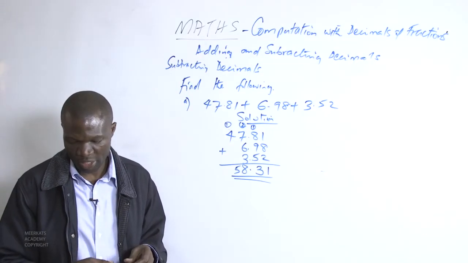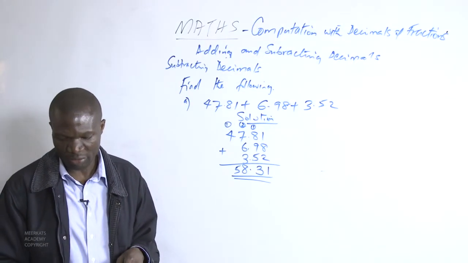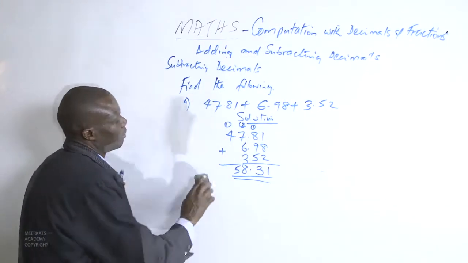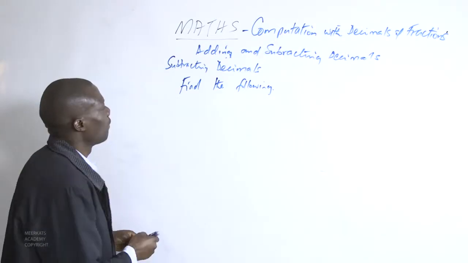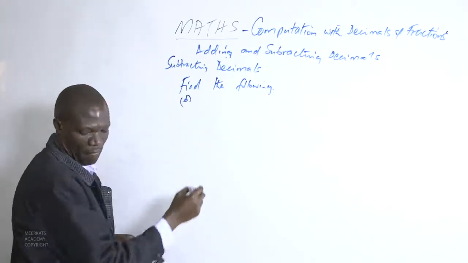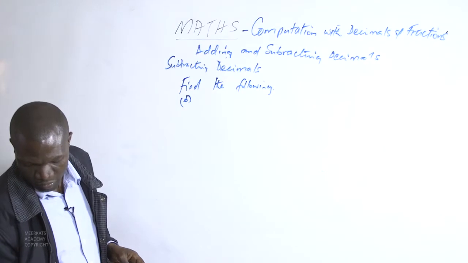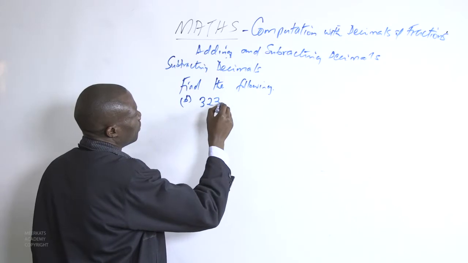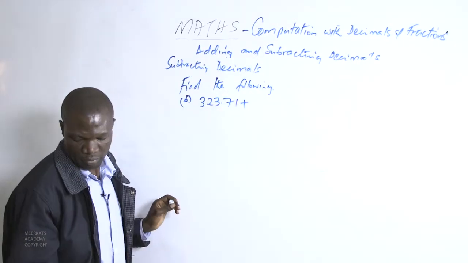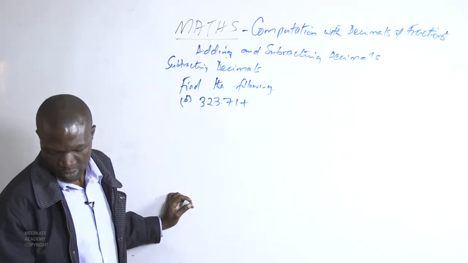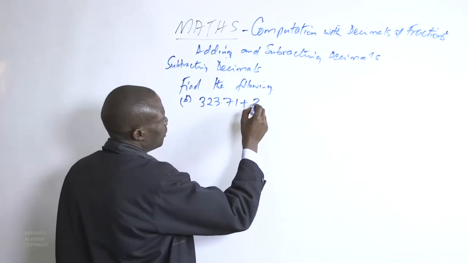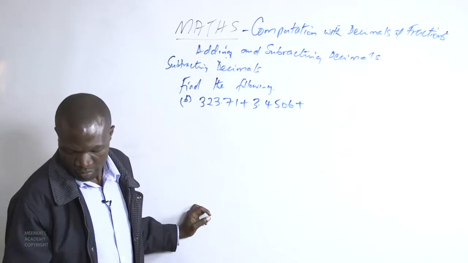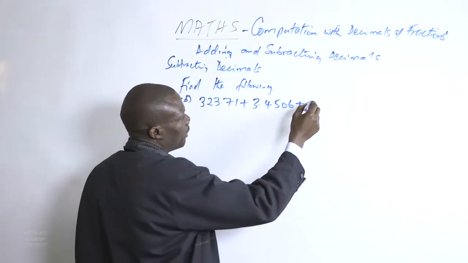How about a situation where the number of decimal places are different? Let us look at this question: $323.71, 3.4506, $12.9.